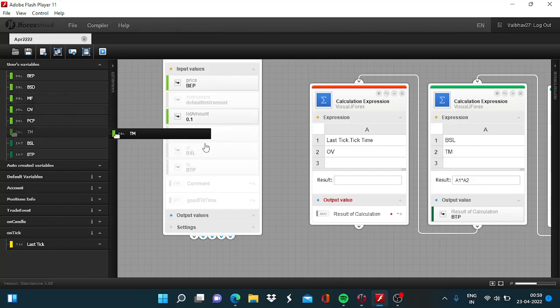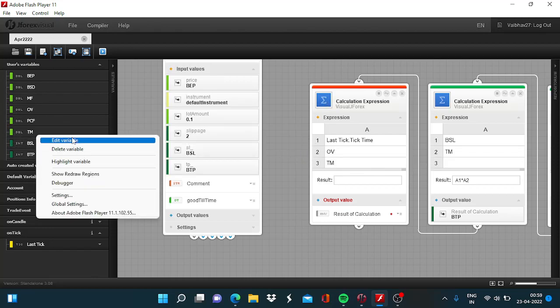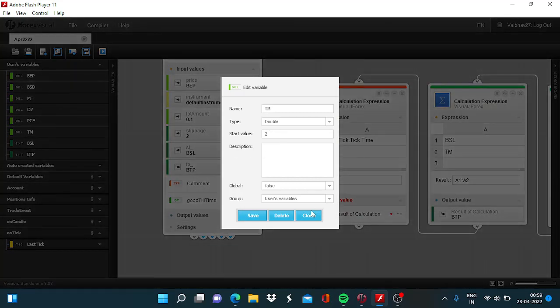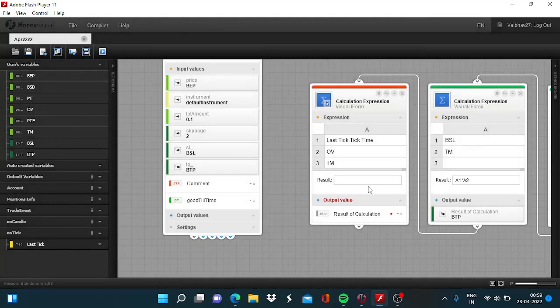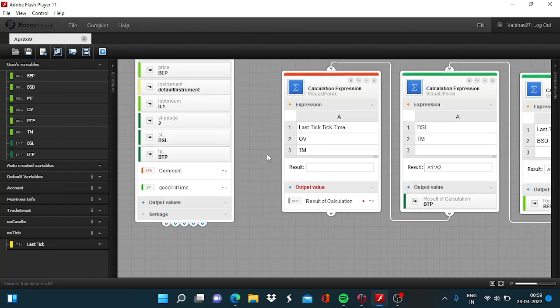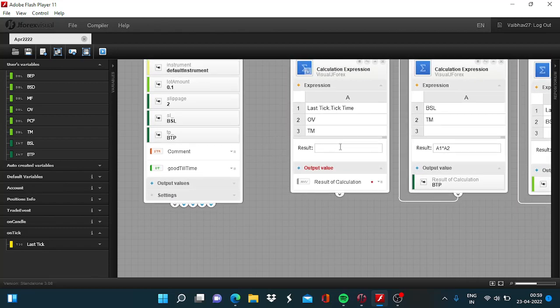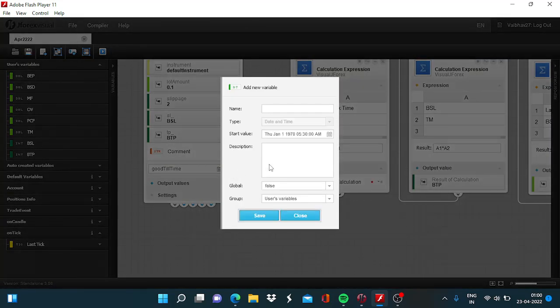And it will be multiplied by 2, TM, as the start value of 2. All right, so there is going to be A1 plus A2 multiplied by A3, and I will define the variable here.